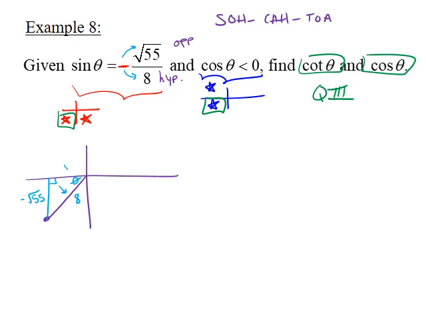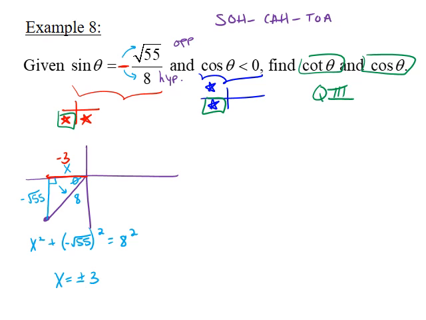Okay, so now let's find this. Let's call it angle X. The Pythagorean theorem. I'm going to wave my hands a little bit here and just tell you that this becomes plus or minus 3. Okay. Now, in quadrant 3, I know that I'm going to go left, which is a negative value.